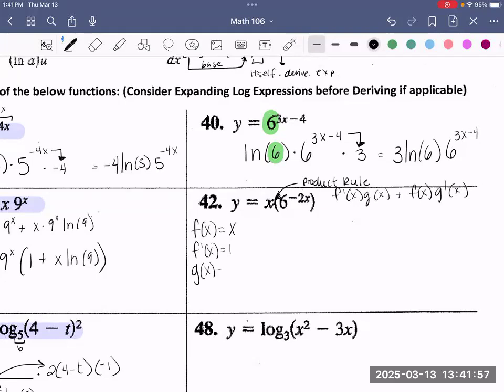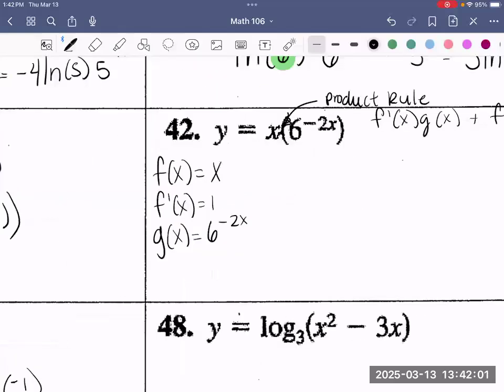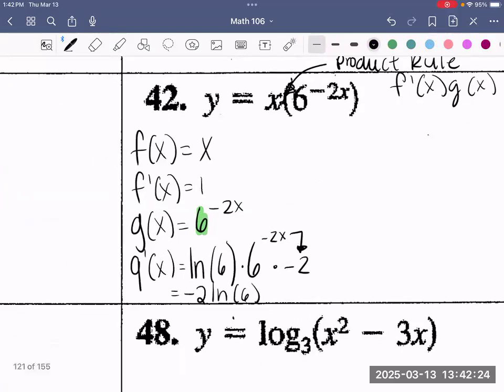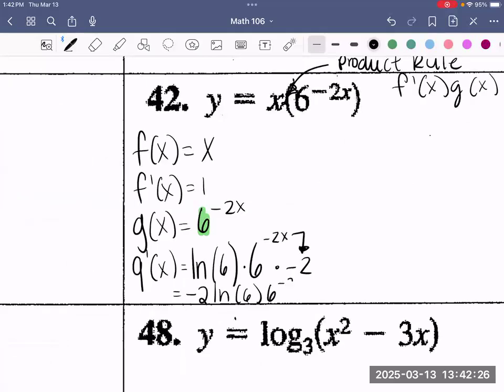This second function we'll call g. This is 6 to the negative 2x. And let's go ahead and derive that. Now keep in mind, we have your base here. This is 6. So just as we did before, we want the ln of your base times itself times the chain rule. So all together, we have negative 2 ln of 6 times 6 to the negative 2x.